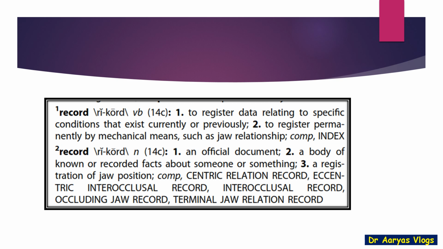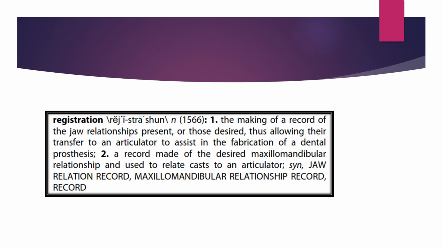Which are the various types of records? Centric relation record, eccentric intraocclusal record, occluding jaw record, terminal jaw relation record. What is registration? The making of a record of jaw relationships present or those desired, thus allowing their transfer to an articulator to assist in the fabrication of a dental prosthesis.